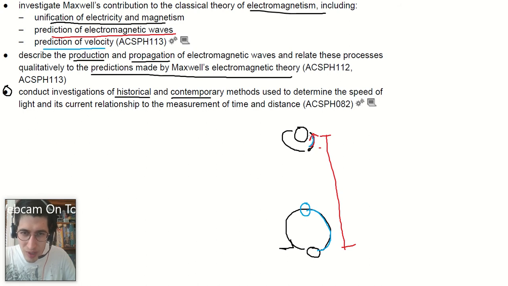Now when Jupiter's moon eclipses itself, we are closer to Jupiter. Okay, now this difference in distance is enough for the speed of light to have an effect, right? It took an extra 1,000 seconds for the light from Jupiter's moon to reach us when we were further away compared to when we were closer.